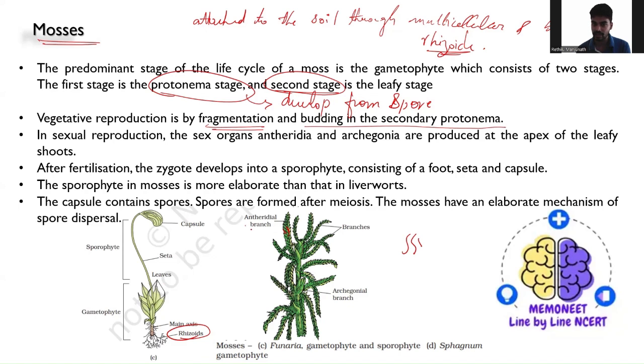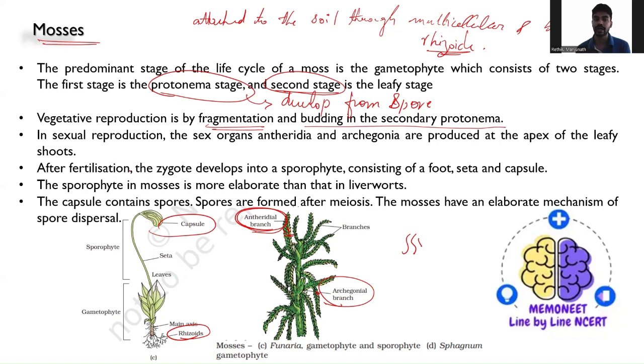Okay, this thing and this thing. So male and female, antheridium and archegonia, are actually produced on the apex of the leafy shoot region.